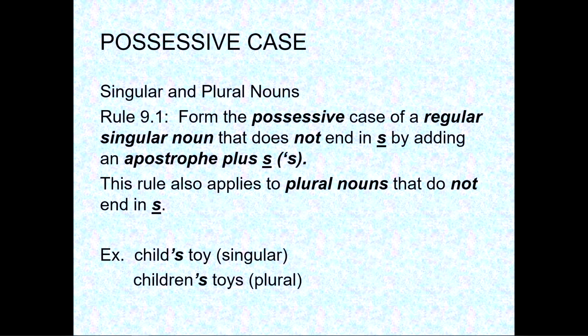I will repeat: this rule, 9.1, also applies to plural nouns that do not end in S. Here are examples. Child, singular, child's toy. Children, plural, without an S at the end, children's toys. Right? Very important rule in the English language.